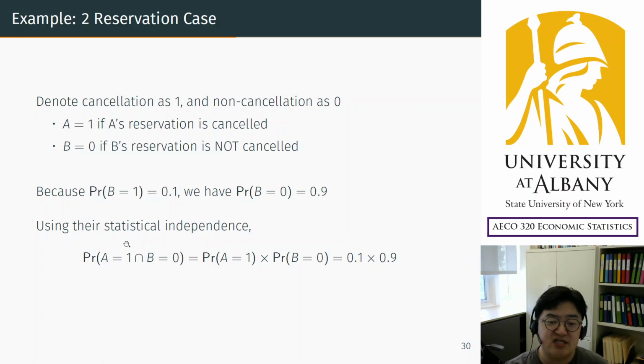But we know these two are independent, so we will be calculating multiplication of them using the special multiplication rule. So we know that the probability that A cancels her reservation is 10%, and the probability that B does not cancel her reservation is 90%.